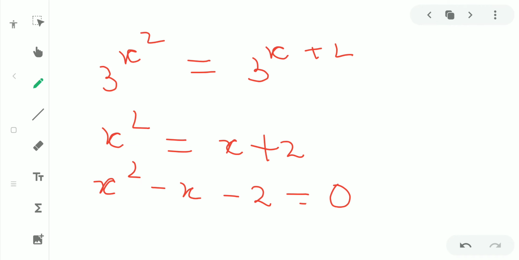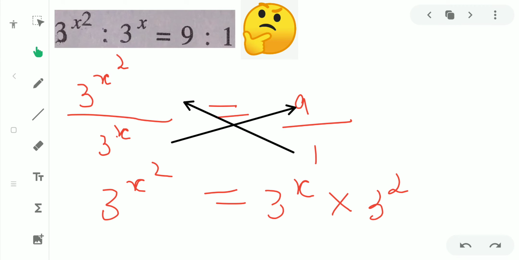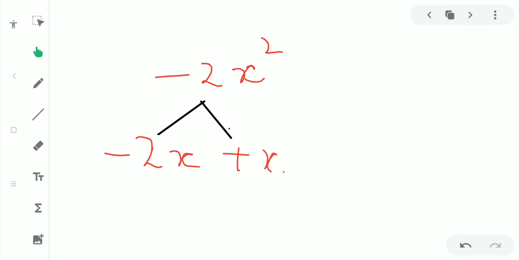And if we multiply also, we will get the same one. So this is satisfying.